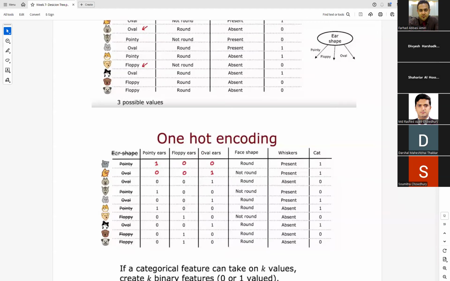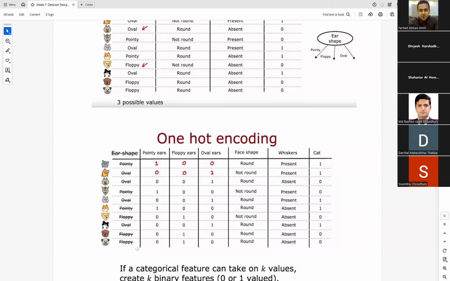For example, for the first one, the ear shape was pointy. So for pointy ears, we allocate 1, and 0 to floppy and oval, because it is pointy. For the second row, the ear shape is oval. So pointy ears is 0, floppy is 0, and we allocate 1 to the oval column or feature.